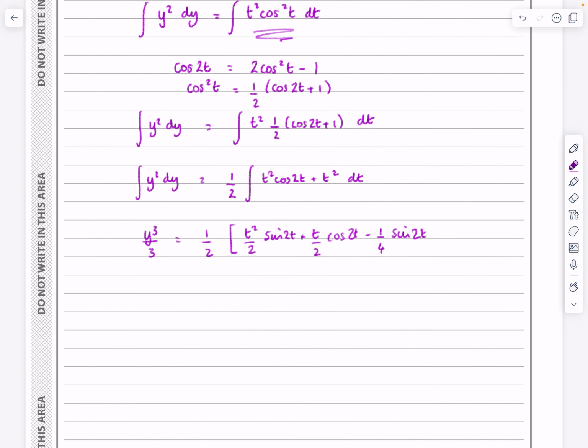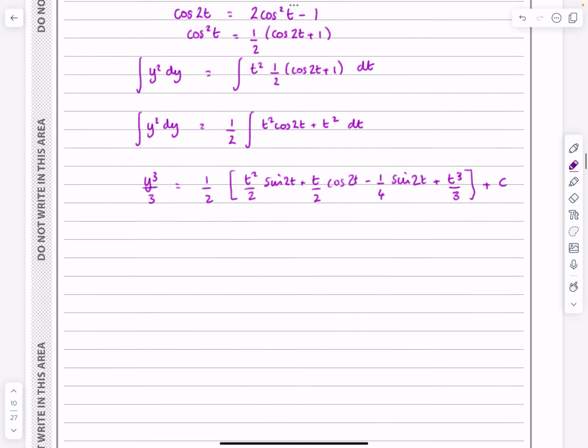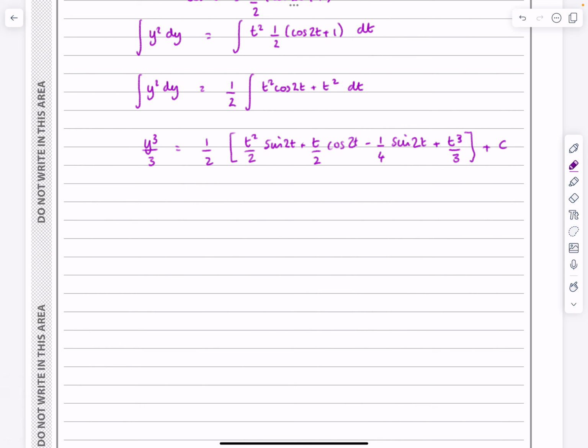So it's all of that, and then the integral of t squared becomes t cubed over 3, but let's just leave it as t cubed over 3 to start off with. So it's that, plus a constant, stick a constant on at this stage, and then what we need to do now is to tidy this all up. So if I multiply everything by 3, I'll get y cubed equals, multiply this all out. I'm not going to do all of it, I'll just do the first bit.